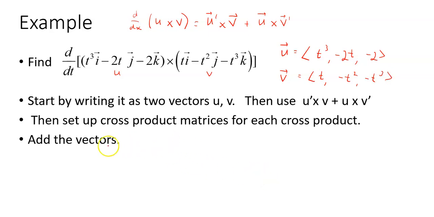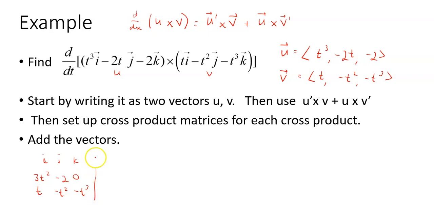All right, so what's my rule? My rule is to take u prime cross v. So u prime, let's make my i, j, and k. u prime is going to be 3t squared, negative 2, 0, and then v is going to be t, negative t squared, negative t cubed.